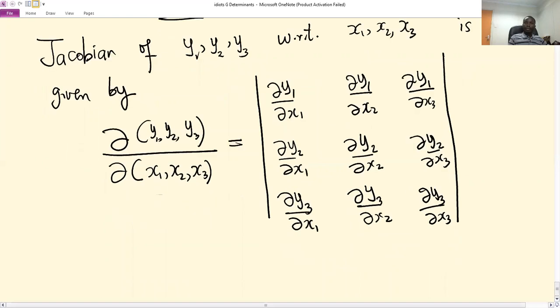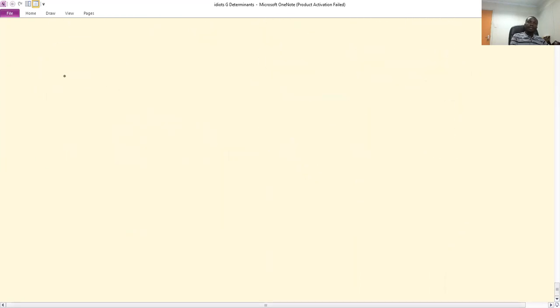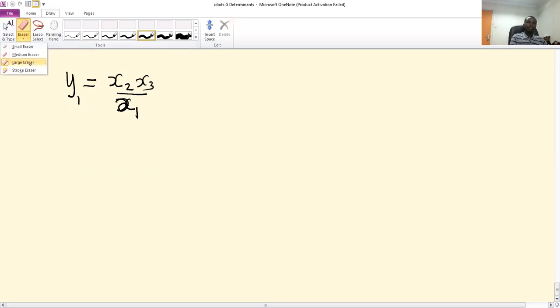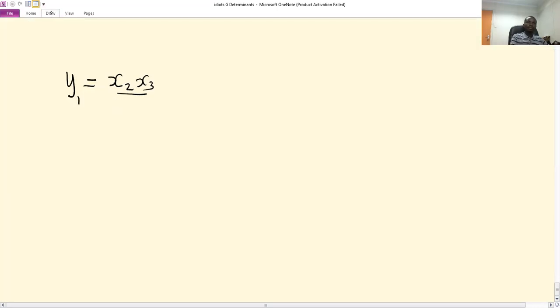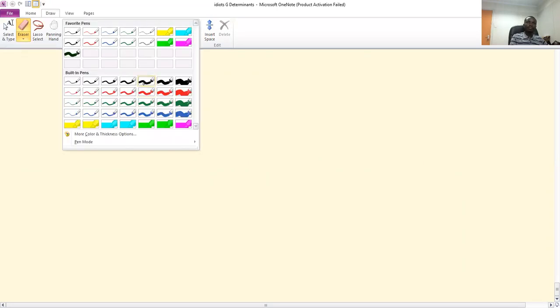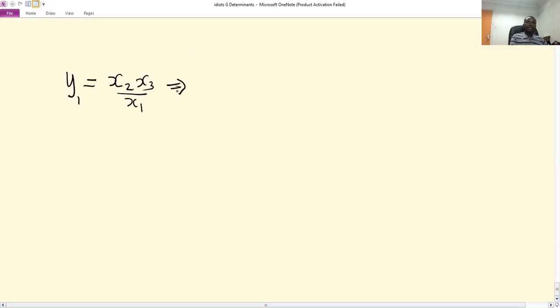So, given that y1 is x2 x3 over x1, then it should be easy to see partial y1 partial x1. You evaluate it easily by writing y1 equals x2 x3 x1 raised to power -1.